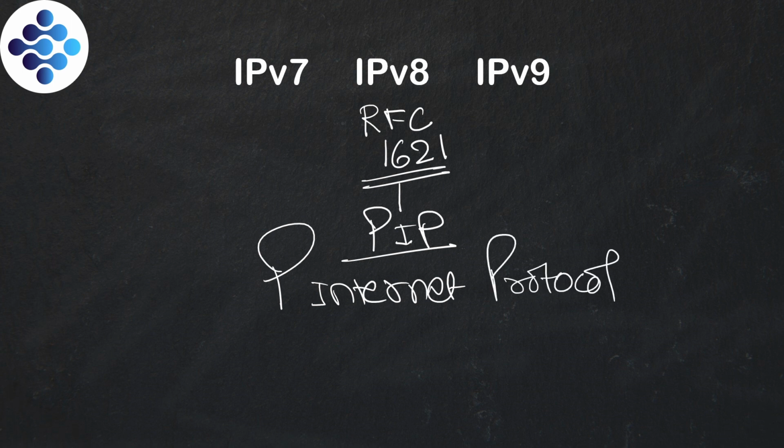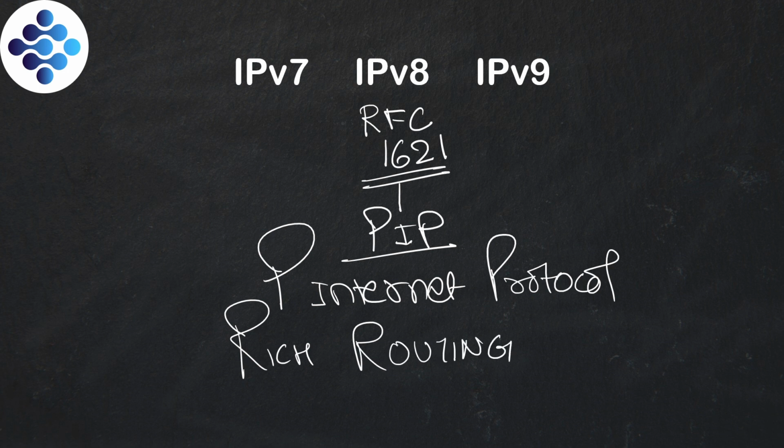Now this protocol is said to have some very rich capabilities, very rich routing capabilities, to be precise, that is with much better options and much better speed capabilities. But again, this is just a proposal.